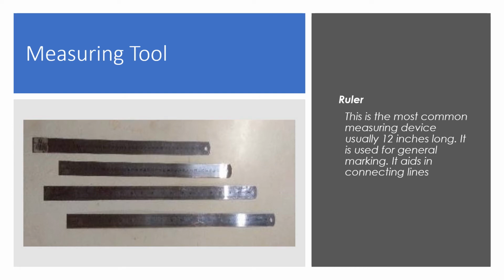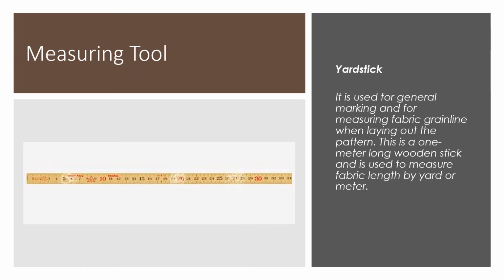Number 3 measuring tool is a ruler. This is the most common measuring device, usually 12 inches long. It is used for general marking. It aids in correcting lines. Next, we have yardstick.